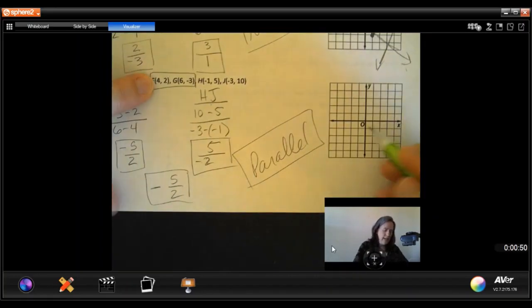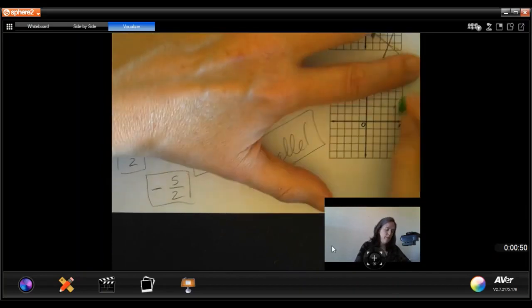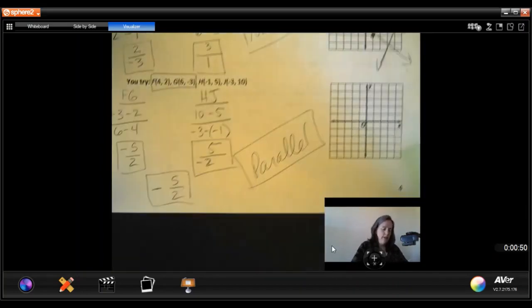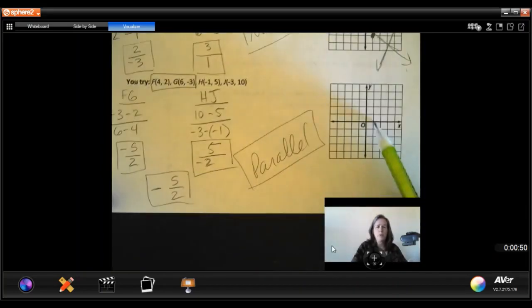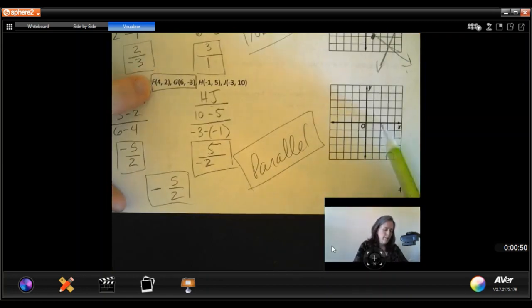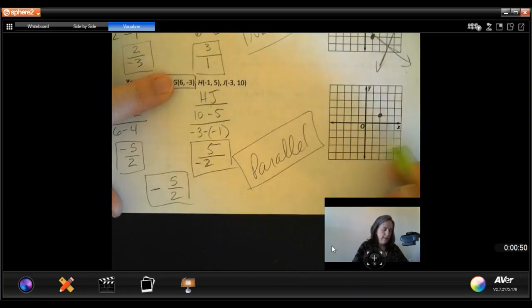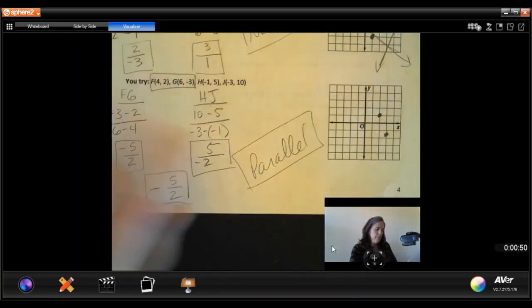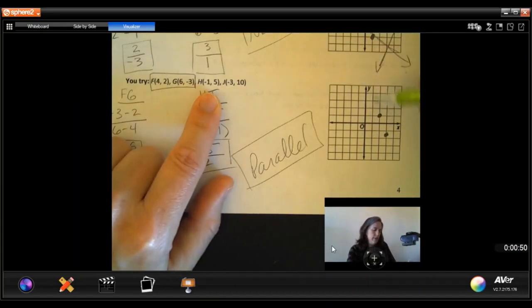Let's draw them. The F is at 4, 2. Oh, you know, this goes up to 10. So I'm going to make my scale on this one. Each line will be worth 2. So over 4 and up 2, I would look like this. Over to 6 and down to -3. That is my first line.